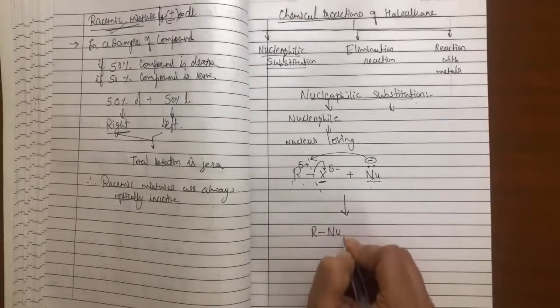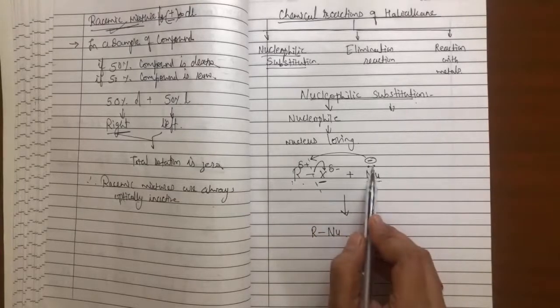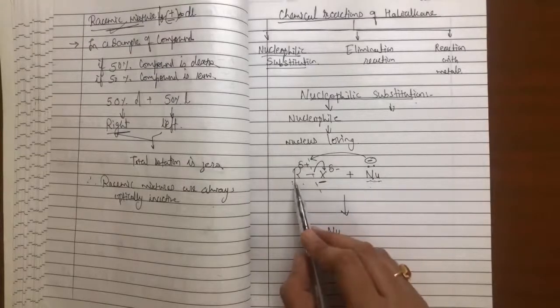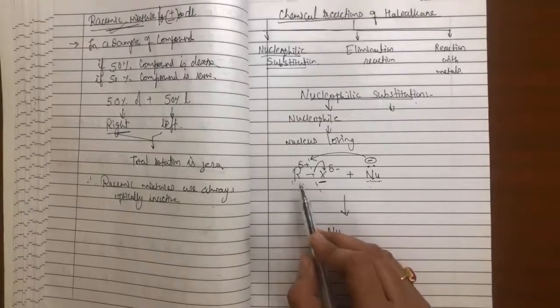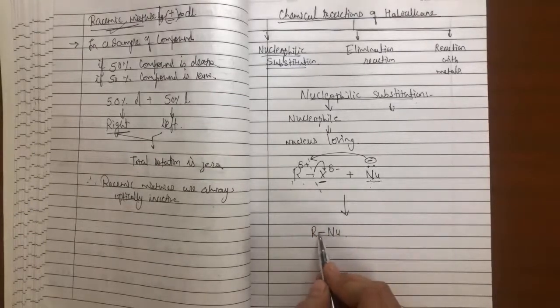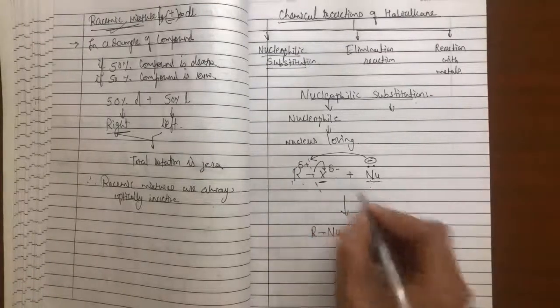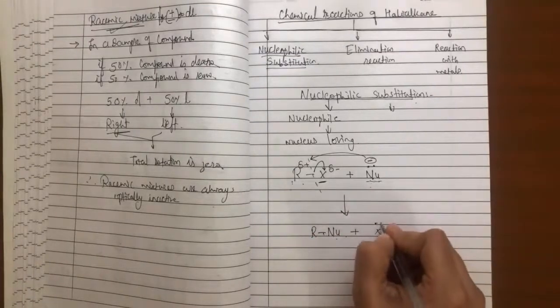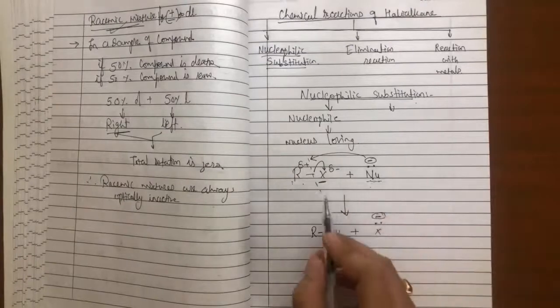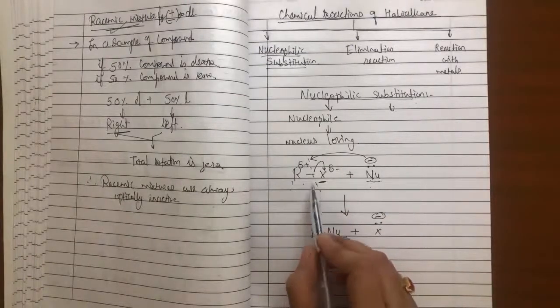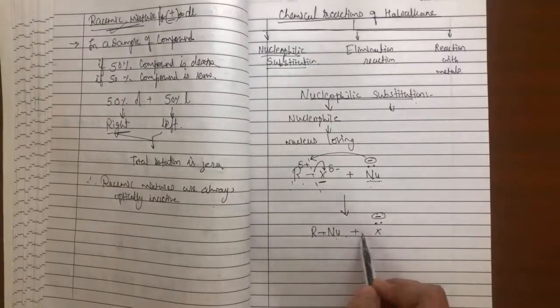R-Nu. See here this lone pair of electrons which is with the nucleophile. The nucleophile shares those electrons with this R positive alkyl chain, and as a result we'll have one bond formation between the alkyl group and the nucleophile by sharing of this lone pair of electrons. Along with this the halogen is liberated with one lone pair of electrons, as the bond electrons completely transfer to the halide ion.